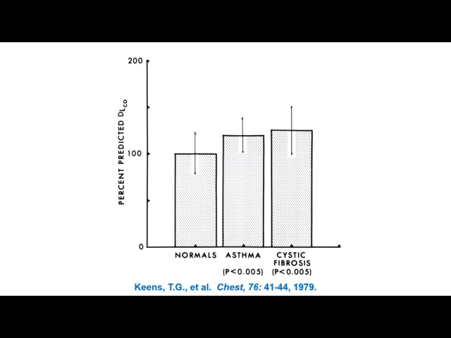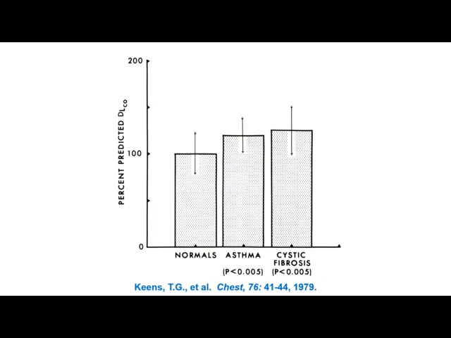Patients were coming from Thunder Bay, which is 1,000 miles from Toronto. With this wealth of data, I just had a quick look. And it turned out that normals had about 100% predicted DLCO, but patients with asthma as a group had an increase, and patients with CF as a group had an increased diffusing capacity compared to normals.